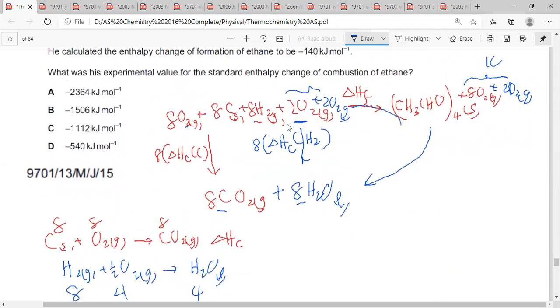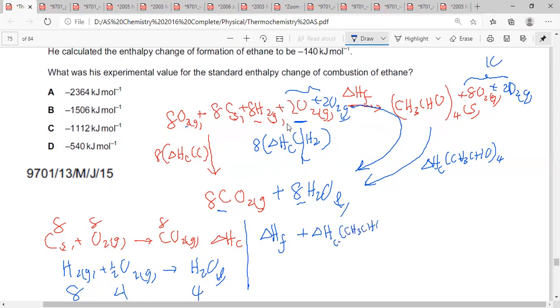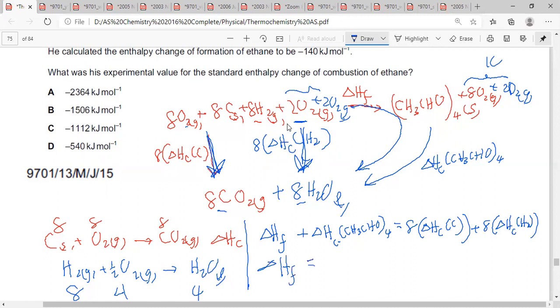So the route from here to here: I put down delta H of formation, plus now here to here is the heat of combustion of your CH3CHO bracket 4. So delta H of formation plus delta H of combustion of CH3CHO bracket 4 equals this plus this: 8 times delta H of combustion of carbon plus 8 times delta H of combustion of hydrogen.